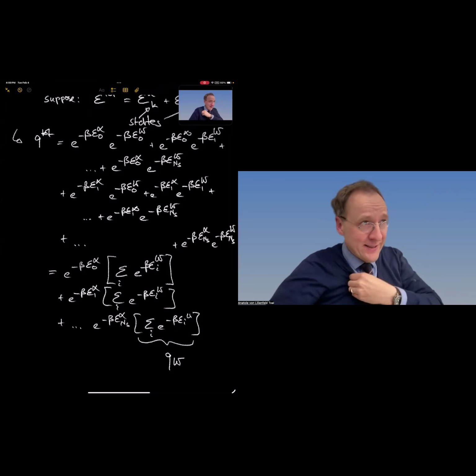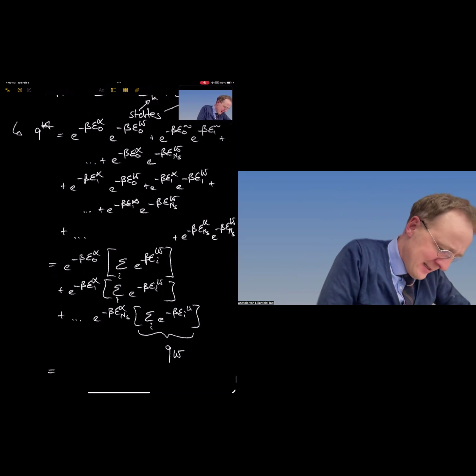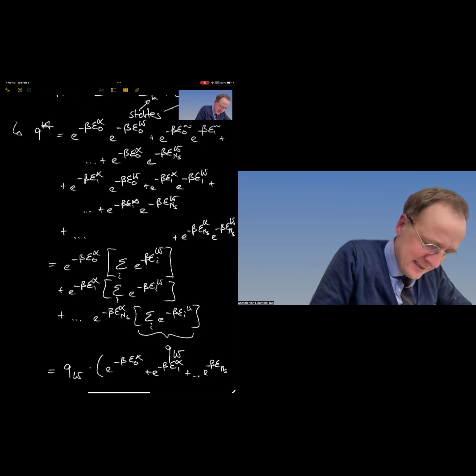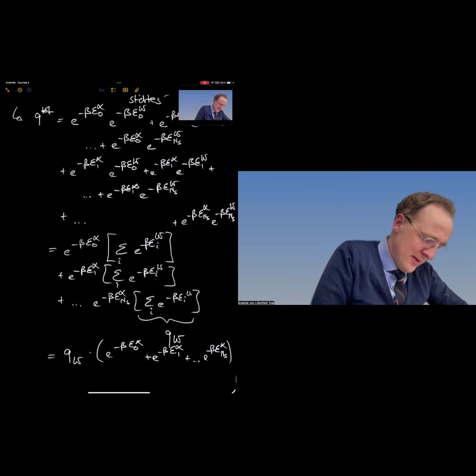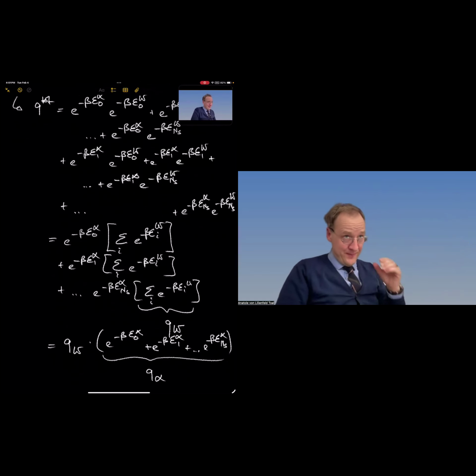Now I can factor out that partition function, right? So let me write that in front, and then I have e to the minus beta epsilon 0 alpha plus e to the minus beta epsilon 1 alpha, and so on until e to the minus beta epsilon Ns alpha. But again, this is just the partition function, this time for alpha.